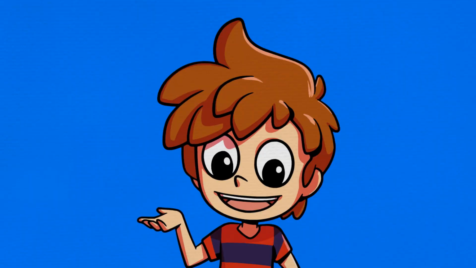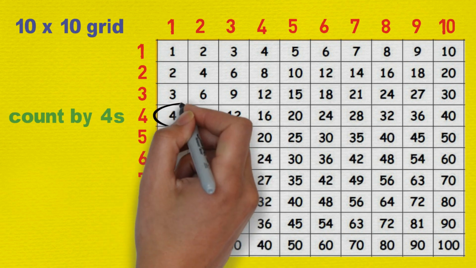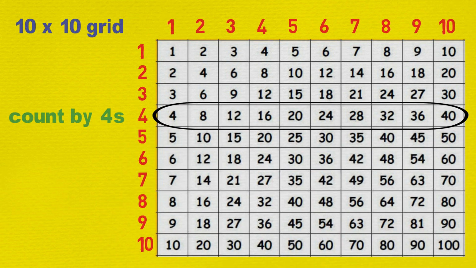"This really is a useful grid, Min," agreed Max. "It can also help you skip count. For example, counting by fours, which means starting at 4 and adding 4 each time: 4, 8, 12, 16, 20, 24, 28, 32, 36, 40.